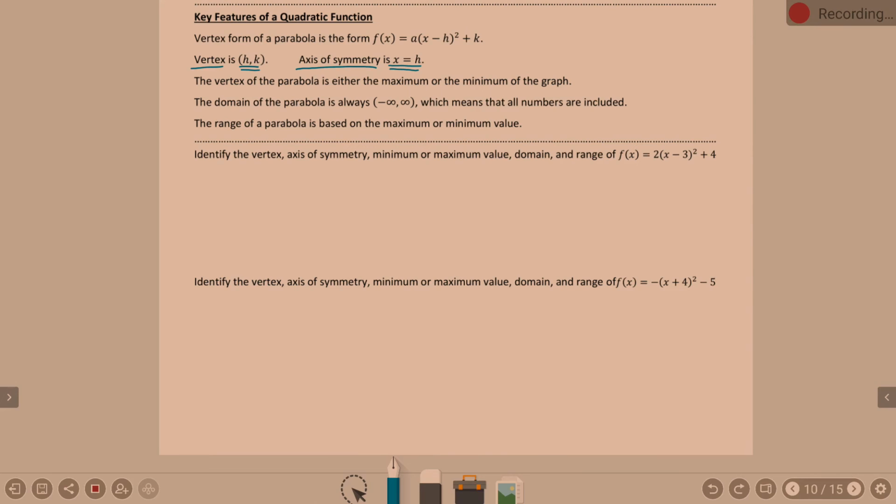New news. The vertex of the parabola is either the maximum or the minimum of the graph. It's either a maximum or a minimum of the graph, meaning if I have a normal everyday right side up parabola, where's the vertex at? It's at the bottom, yes? If a vertex is at the bottom, is it going to be a maximum or a minimum? Depending on if it reflects it.